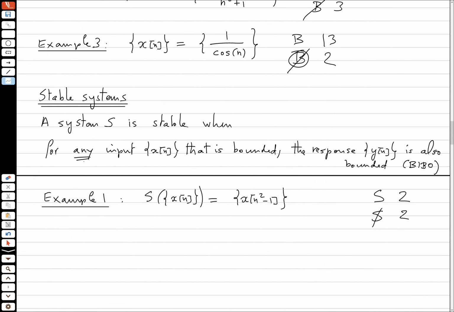So I'm going to do it now, okay? So take any given input x of n that is bounded.